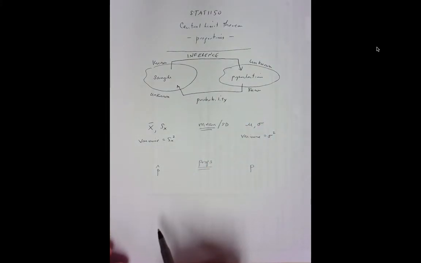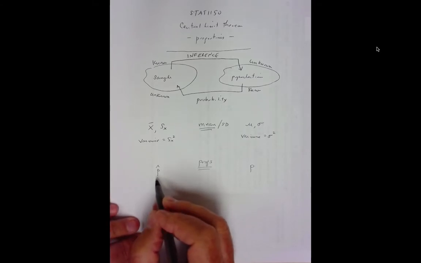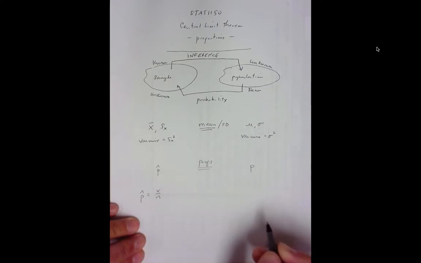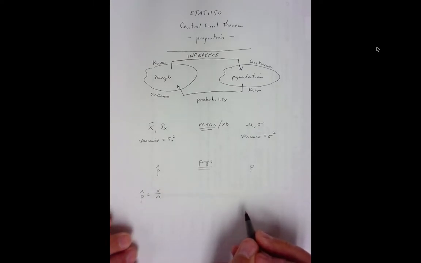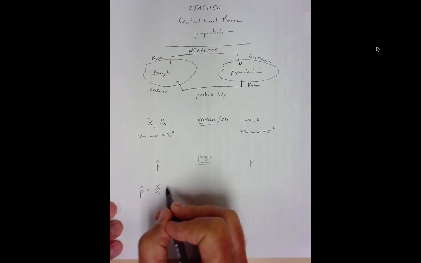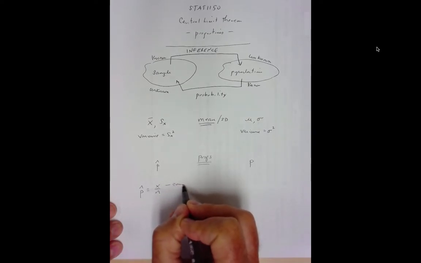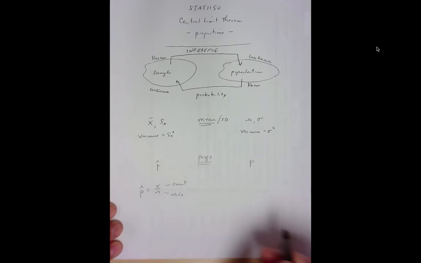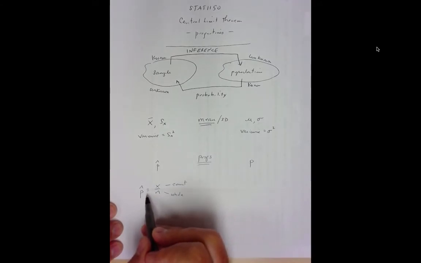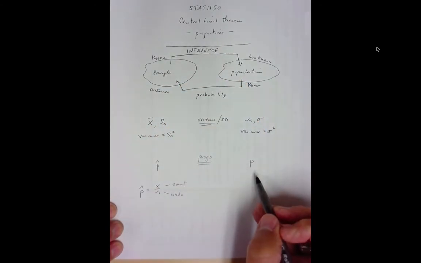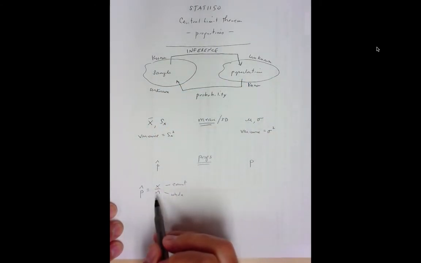Okay, guys, this p hat is something that we can calculate, and it's given as x over n. Now, let me give you an example of this. X is the count, and n is the whole. It's the size of our sample. Again, p hat, it's no brainer. It has to come from a sample. P is your population value.